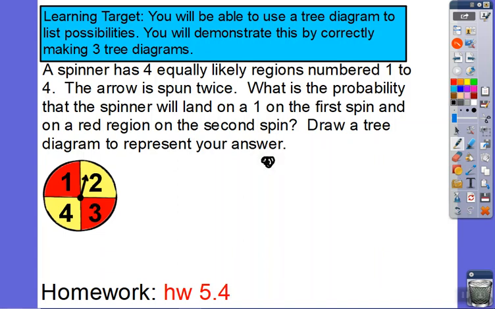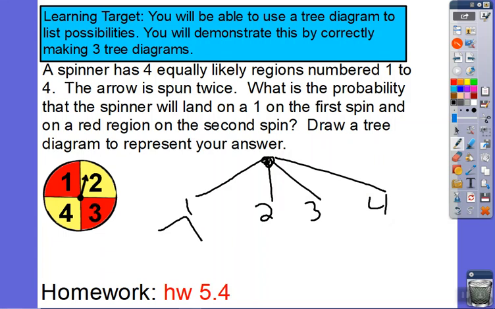I've got 4 sections, so I'm going to have 1, 2, 3, 4 branches, and those choices were the numbers 1 through 4. But on the second one, I'm looking for whether it's red or not, so I'm only going to have 2 branches, and that is red or I guess I'm going to call that yellow.